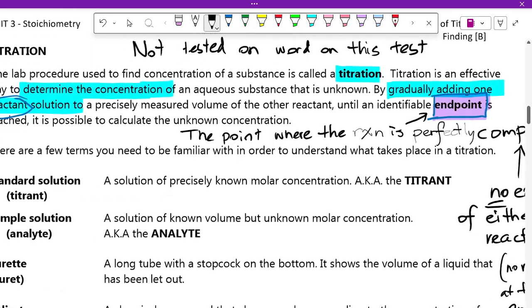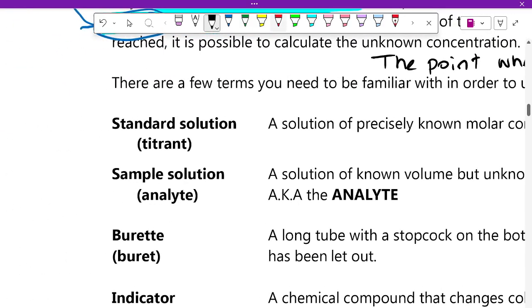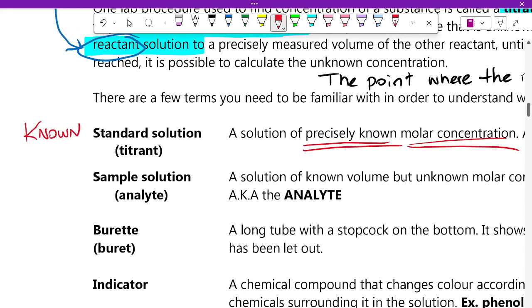Okay? Now, one of our solutions is going to be our known. One of our solutions is our known, and that's called our standard solution. Our standard solution has a precisely known molar concentration.